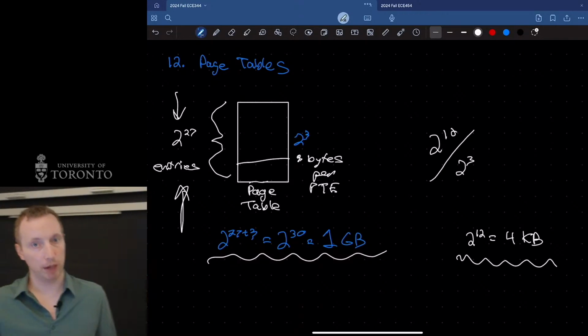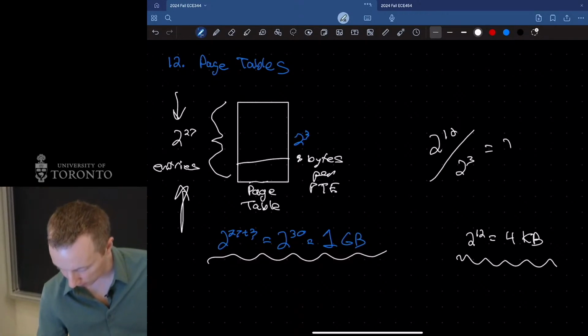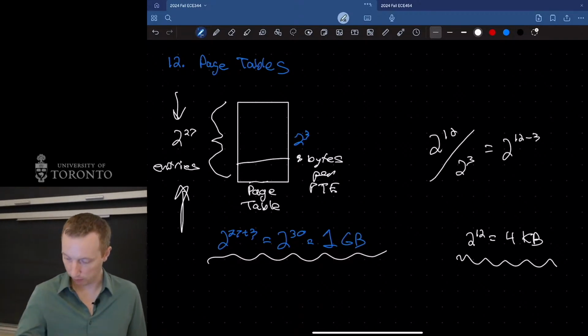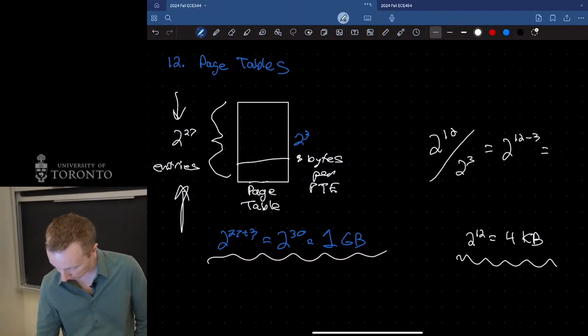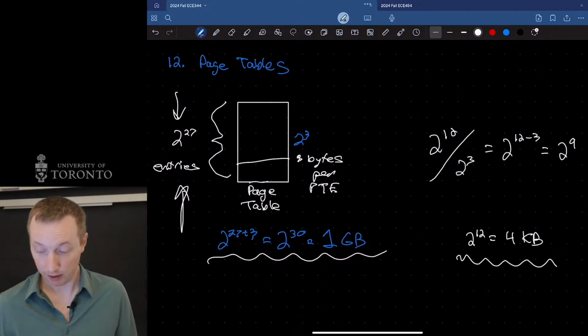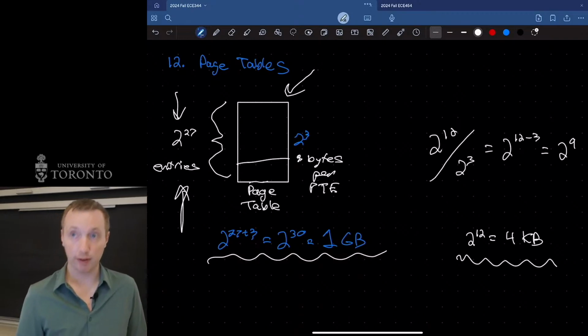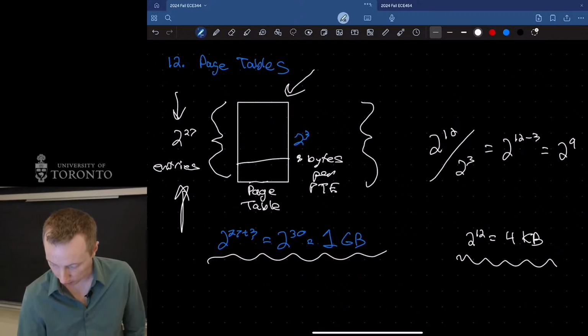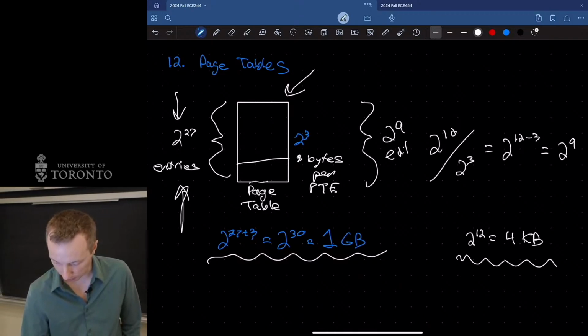If I keep it in powers of 2, I can easily use the exponent law and figure out that it's just 2 to the power of 12 minus 3, and that is 2 to the 9. So if the size of my page table is 4K, I can only fit 2 to the 9 entries in it.